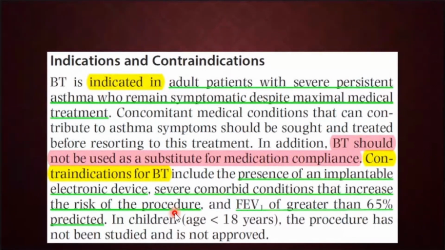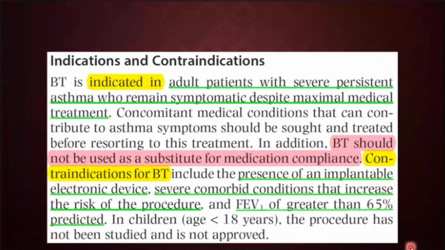So this basically concludes our lectures on asthma. There are still many other topics: asthma with comorbidities, asthma with COPD, asthma with heart failure, asthma with obesity, asthma with pregnancy. But all these, I think, are beyond what is required for you.